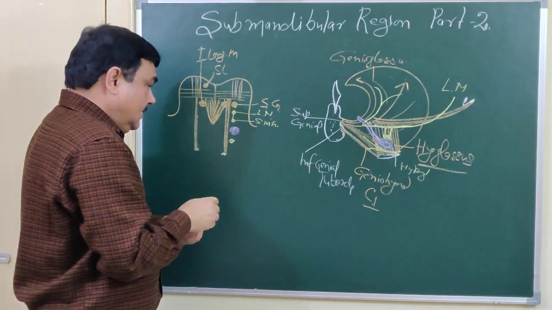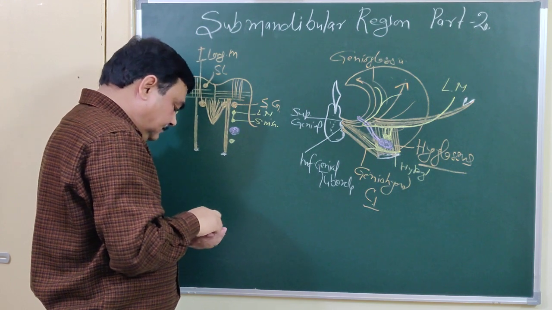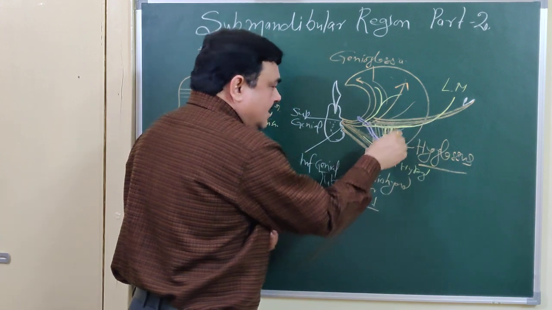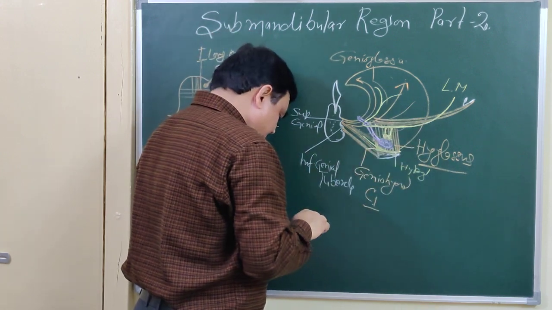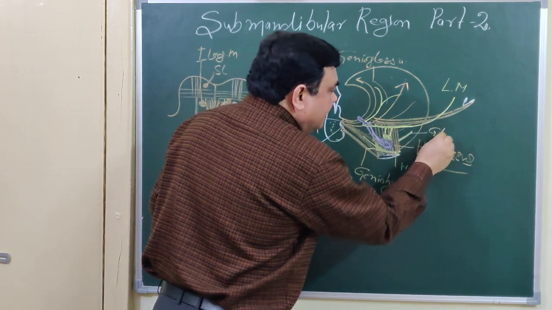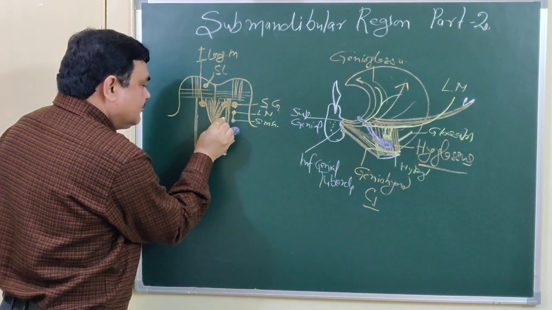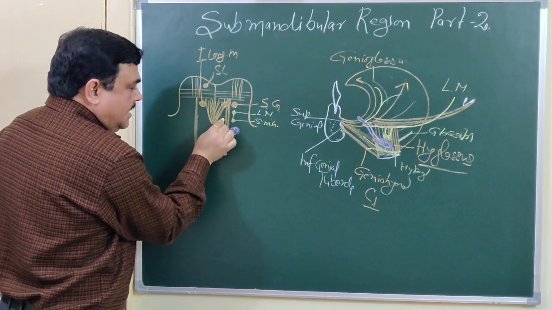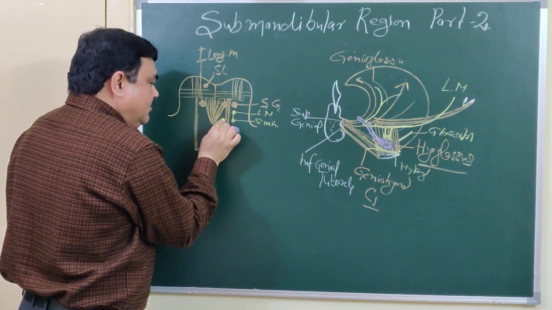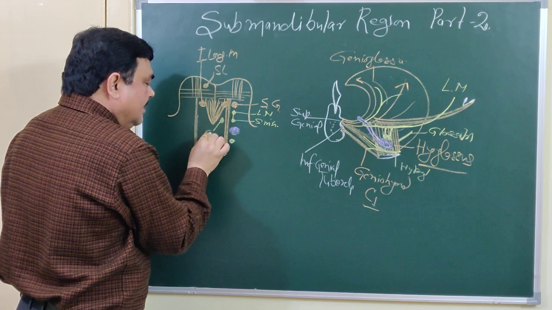And deep to this, at the posterior border, you can see one nerve: the glossopharyngeal nerve. Here it lies on the posterior border and passes deep to the hypoglossal nerve.